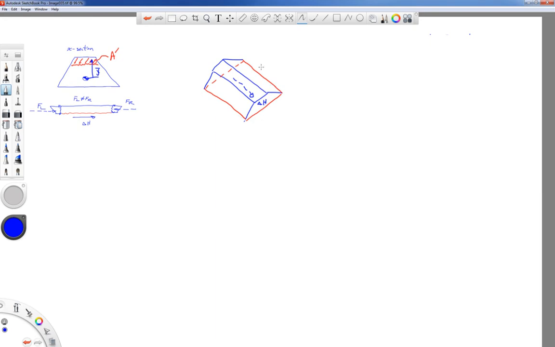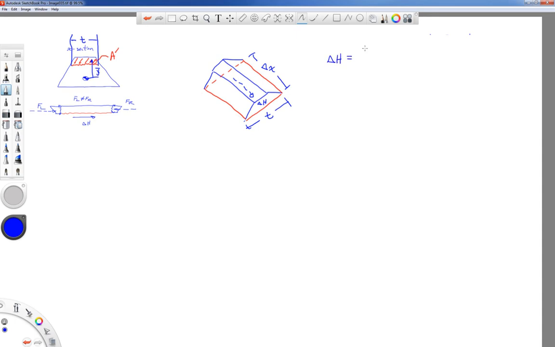Now the length of this section we said was delta x, and let's call this dimension t. That's the thickness of the beam where I'm going to calculate the stress. So if I go up here, this would be the dimension t. Now if we notice, the dimension t can change from the top to the bottom of the cross-section. That's allowed. Let's write down what our force delta H is again.